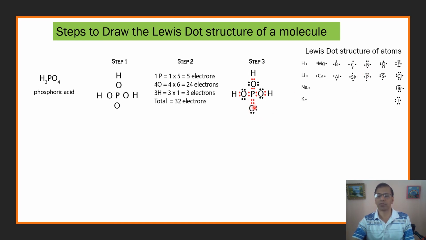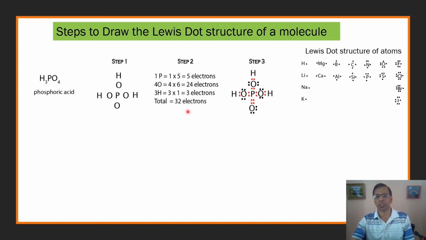This lone pair of electrons, due to hybridization, can form a double bond, and so there are two pairs of electrons, red dots right here, that indicate two bonds between phosphorus and oxygen. And then the two lone pairs of electrons around oxygen are written as is. So that's how you put the electrons around, and all these need to add up to 32.